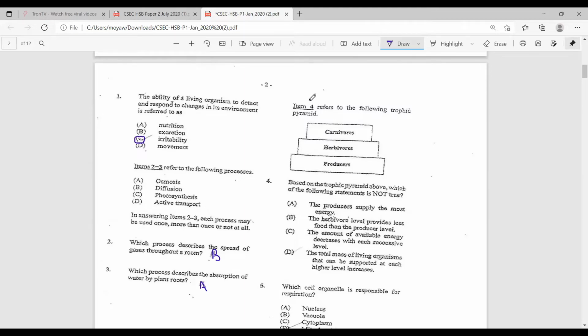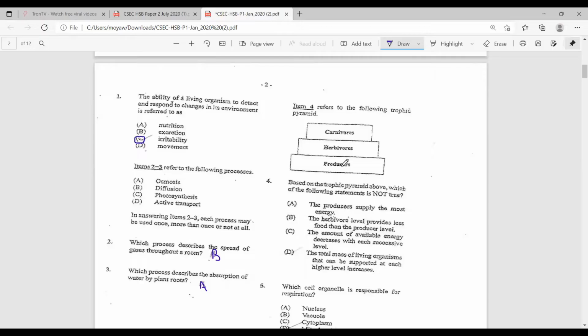Question 4. Item 4 refers to the following trophic pyramid. So we have carnivores at the top, then herbivores below, and producers at the bottom. Based on the trophic pyramid above, which of the following statements is not true? A, the producers supply the most energy. That is true.